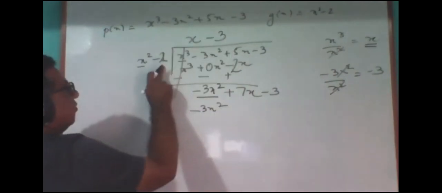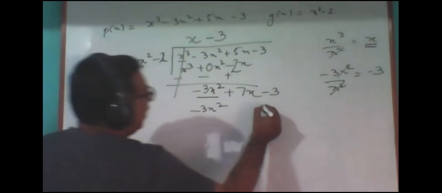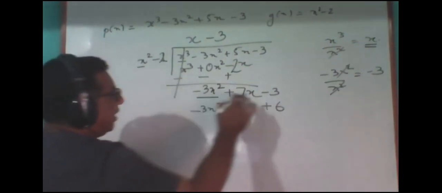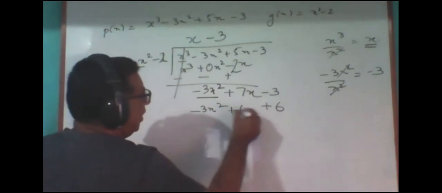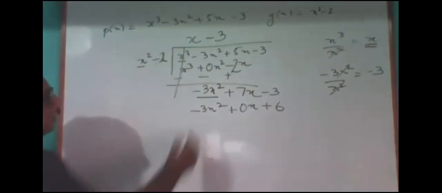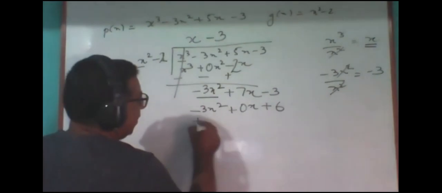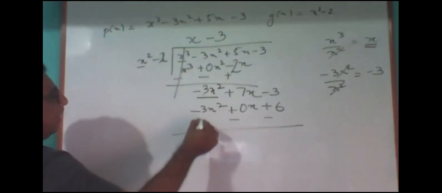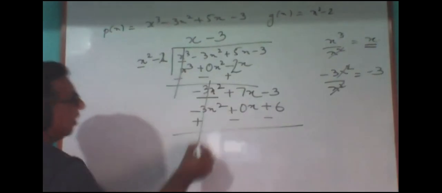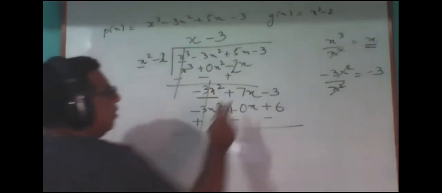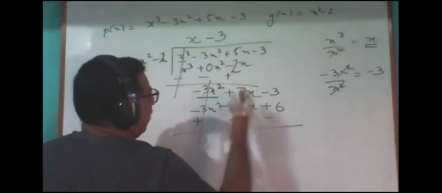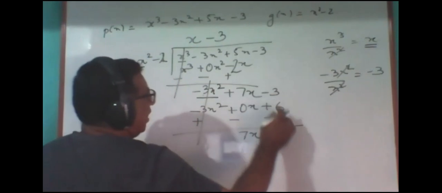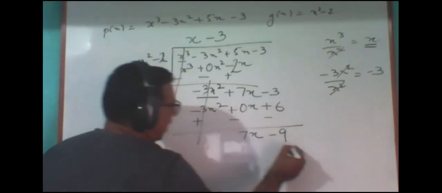Minus 3 into minus 2 is plus 6. Again you don't get a term related to x, so write 0x. Change signs. Minus 3x square plus 3x square, gone, it becomes 0. Plus 7x minus 0x, nothing, so it will be 7x. Minus 3 minus 6 is minus 9.